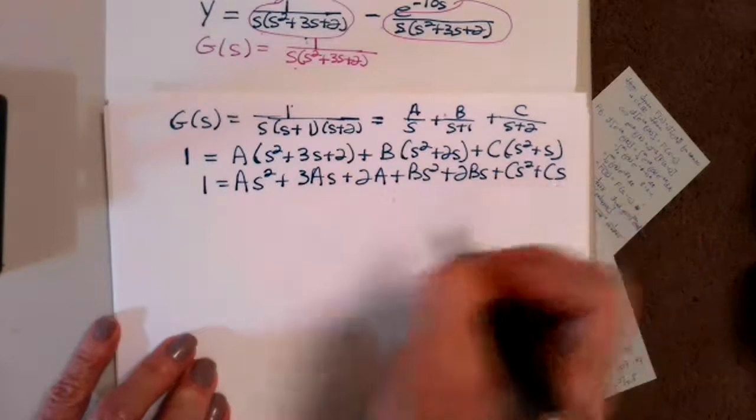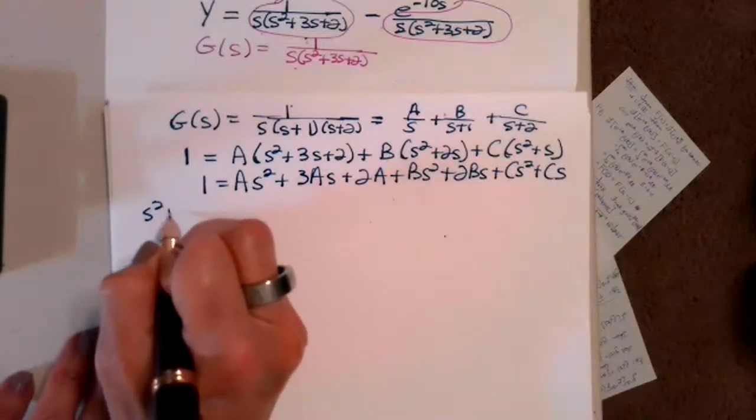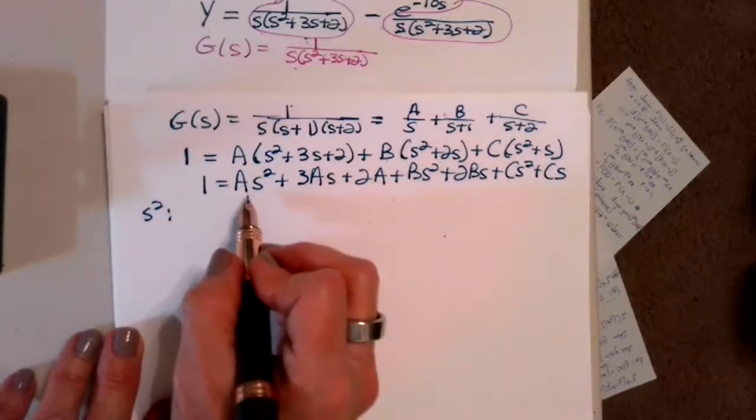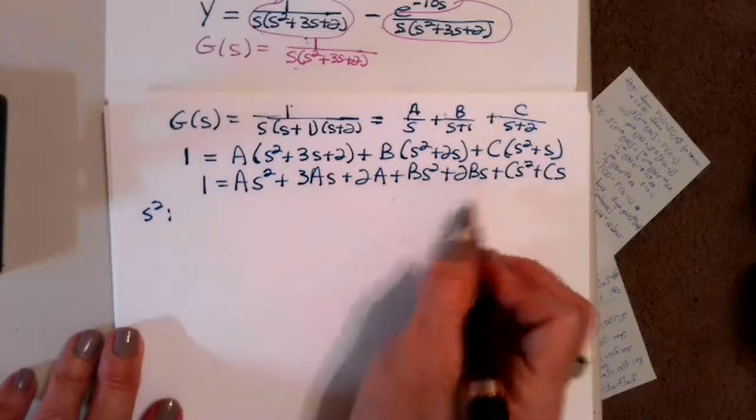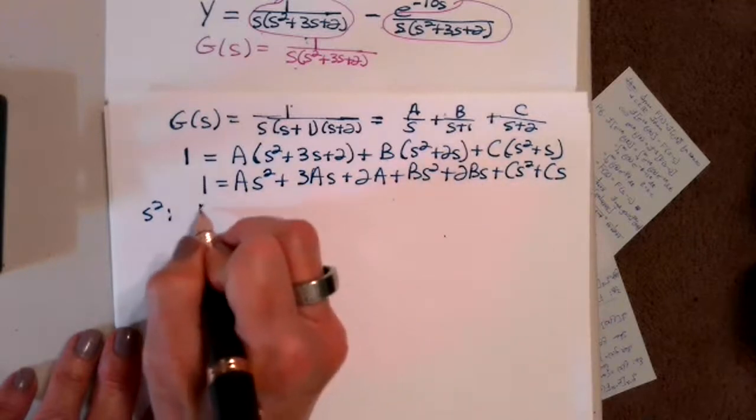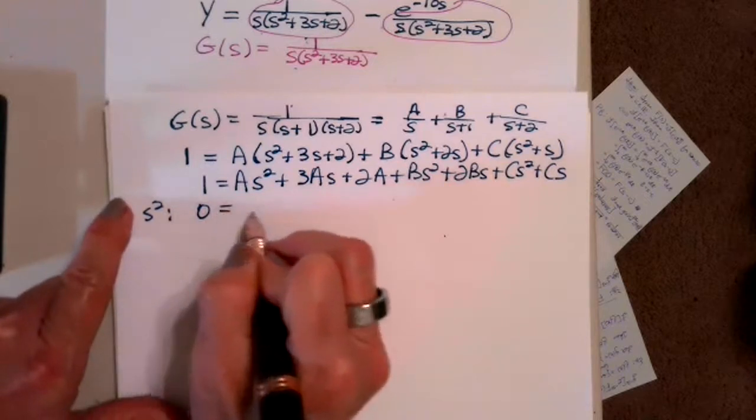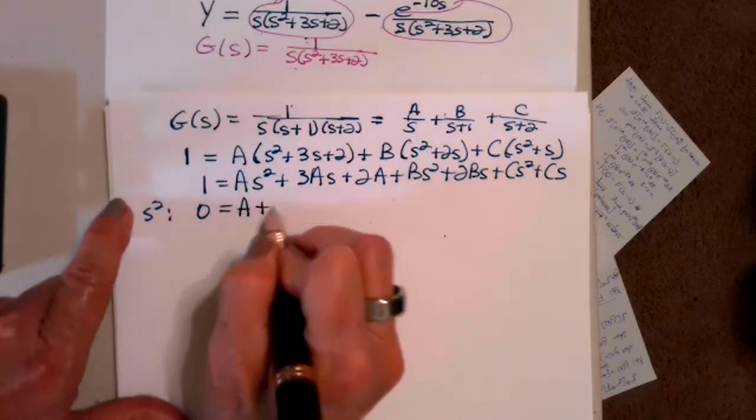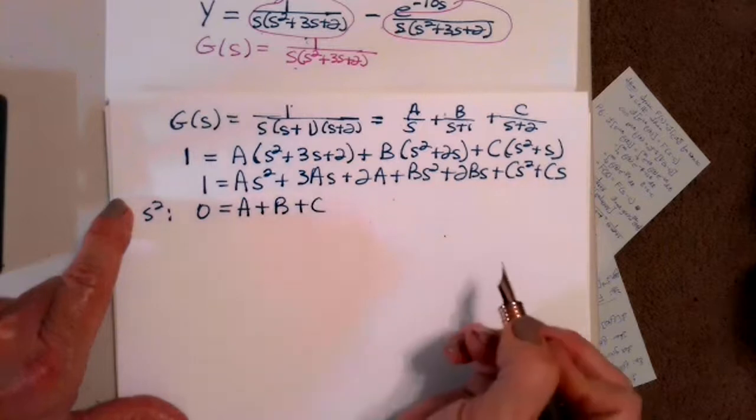So that says 1 is a s squared plus 3as plus 2a plus b s squared plus 2bs plus c s squared plus cs. Equating coefficients from the s squared term, I have a plus b plus c, and on the left-hand side the coefficient of the s squared term is 0, so a plus b plus c equals 0.